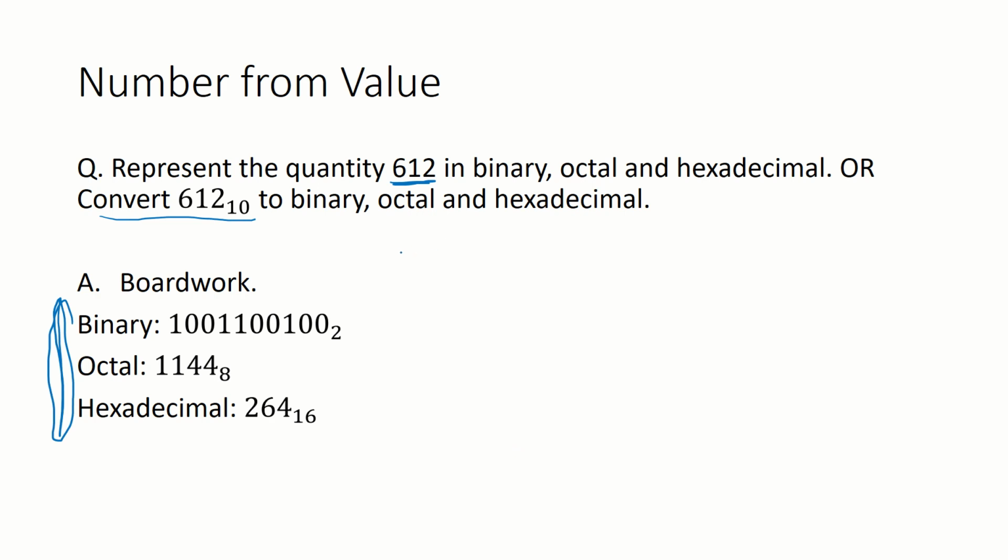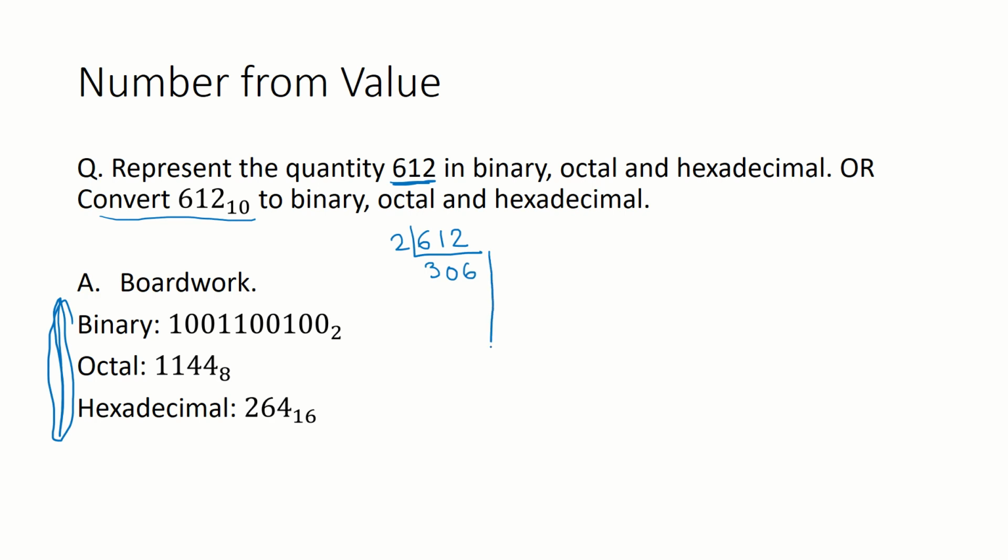So, how to go about it? This is like a tutorial also. You just notice what we are doing here. You have to do this, I guess this is called the ladder division method. You have to divide the number by the radix, the radix of binary being 2. So, we are dividing by 2, and what is the quotient we are getting? 306.